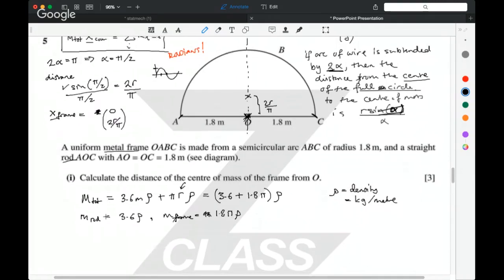Full equation: total mass, 3.6 plus 1.8 pi, rho, times the center of mass, is equal to the mass of the rod, 3.6 rho, times the coordinate vector of the center of mass of the rod, 0, 0, so that just disappears, plus 1.8 pi rho times 0, 2r over pi, and 2r is just 3.6.